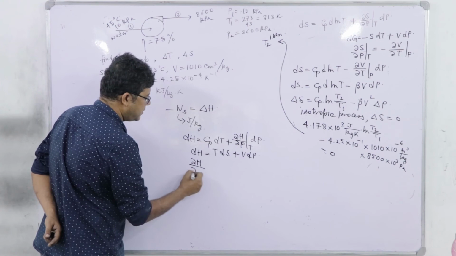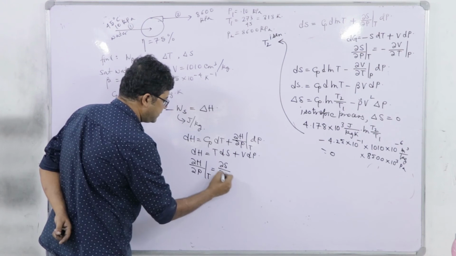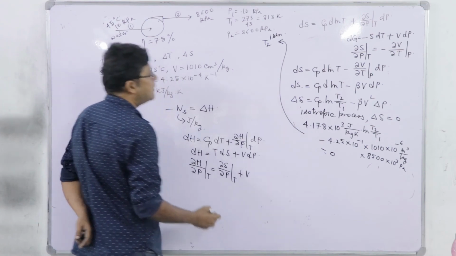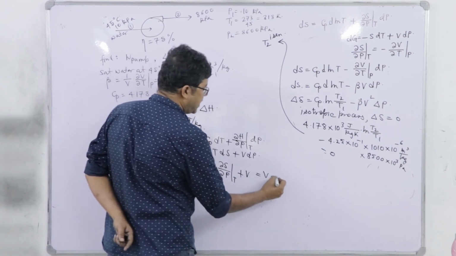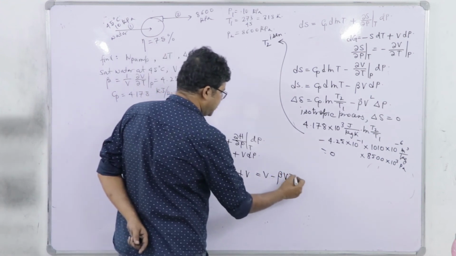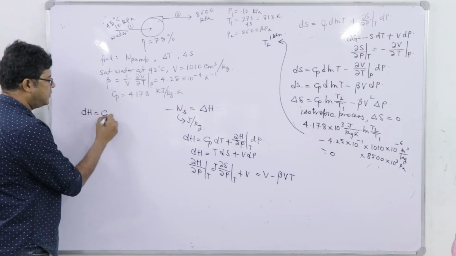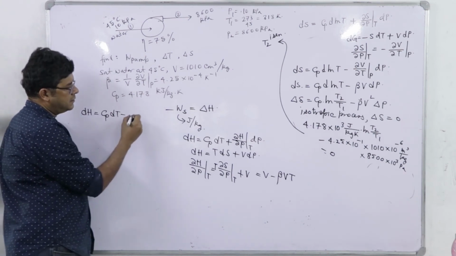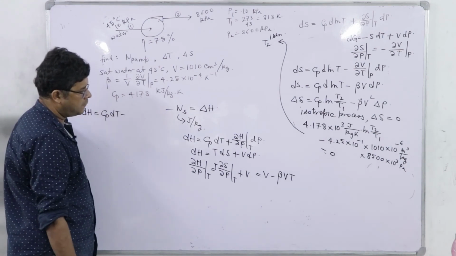So, del H del P at constant T is equal to T del S del P at constant T plus V. Now del S del P at constant T is minus del V del T. So V minus beta V, and there will be a T of course. So V minus beta VT. So dH is equal to Cp dT plus, sorry, this is plus plus.